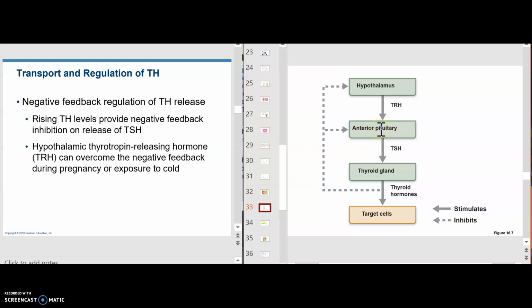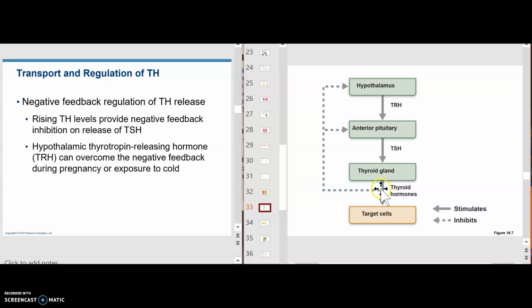TSH is released, thyroid stimulating hormone. Thyroid stimulating hormone then will go to the thyroid gland, sit on the follicular cells to cause release of some thyroid hormone and production of new thyroid hormone in the colloid.